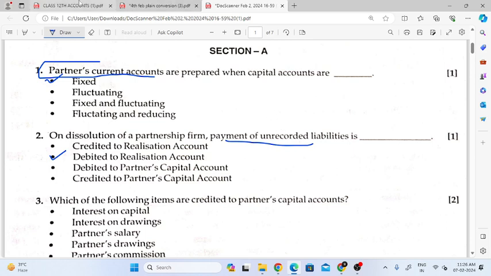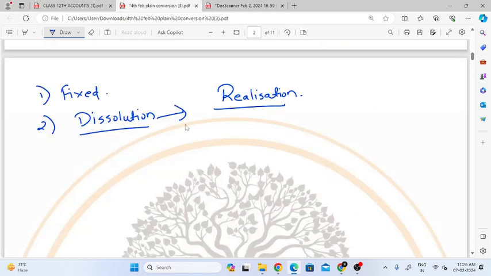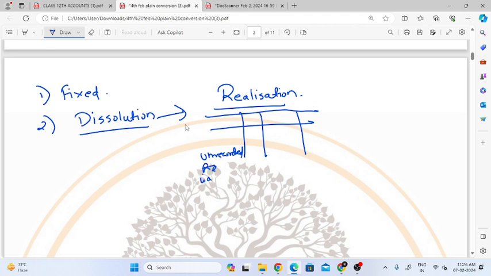Now see, we prepare the format like this: particulars, amount, wherein we take all the assets and liabilities, and here we take unrecorded liabilities, and on this side, on the credit side, we take unrecorded assets. So unrecorded asset we credit, and the payment of unrecorded liability is debited to realization account.